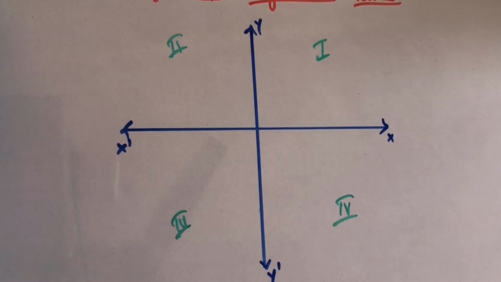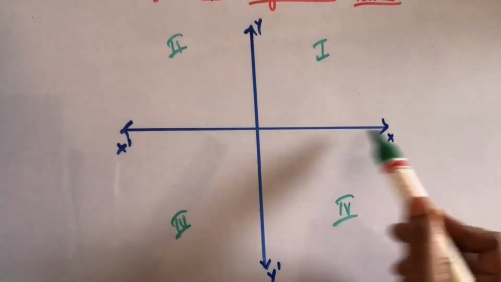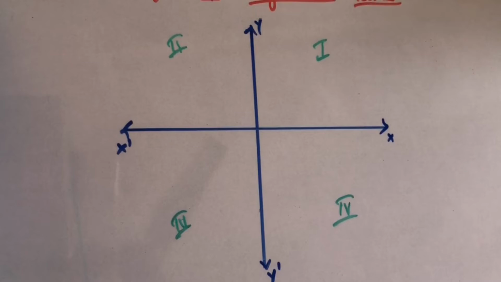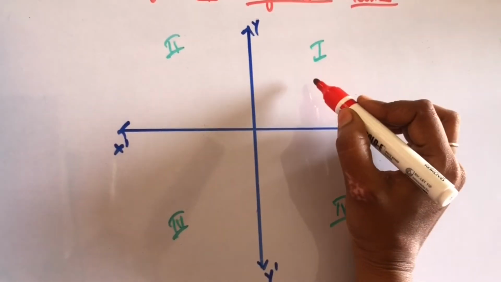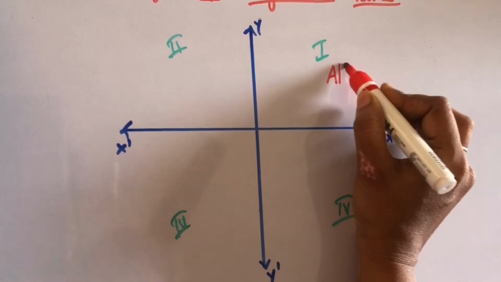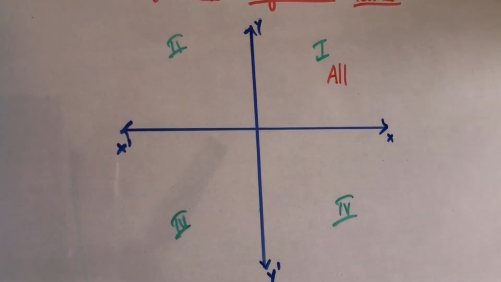In the first quadrant, both the x and y axes are positive, isn't it? So all trigonometric ratios are positive in the first quadrant.